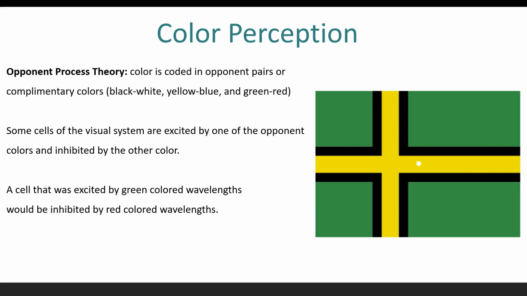And then once you view that image for a minute, I want you to stare at this little white dot for a minute, and then I want you to look at a white surface, so either your wall, a blank piece of paper, anything white, and you should see the opposite colors of this figure here. So take a moment to do that. Go ahead and pause the video now. Make sure you're staring at that white dot for a minute.